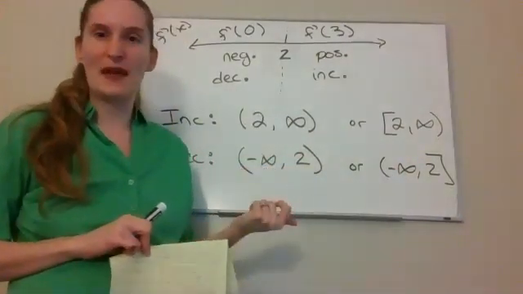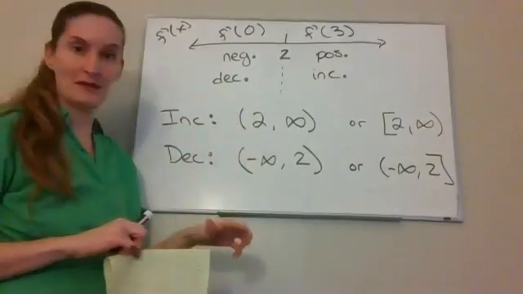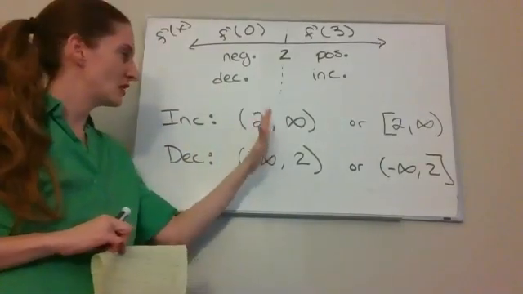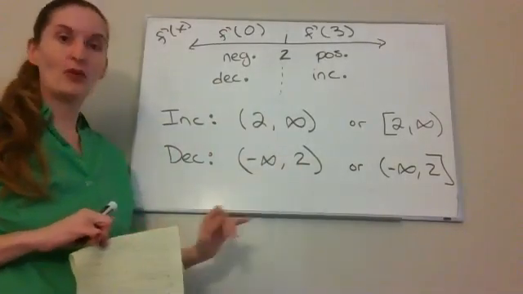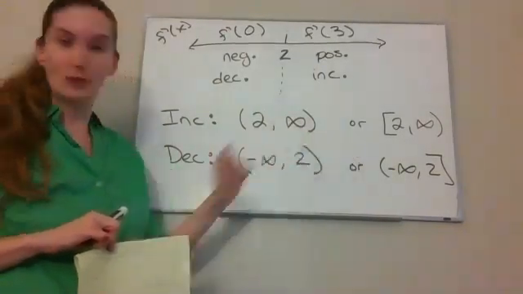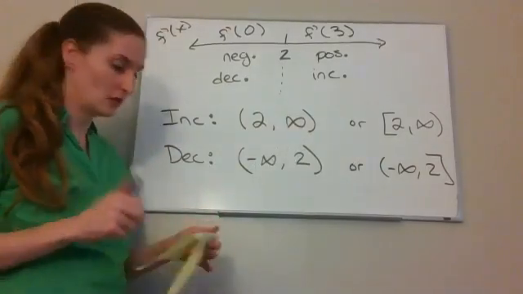It's neither at that particular point, which is why I use the parentheses, and I'm going to continue just using parentheses for the rest of the videos. Just wanted to point that out in case your homework system requires brackets, you'll know what to do.